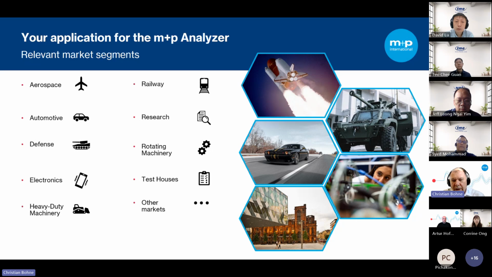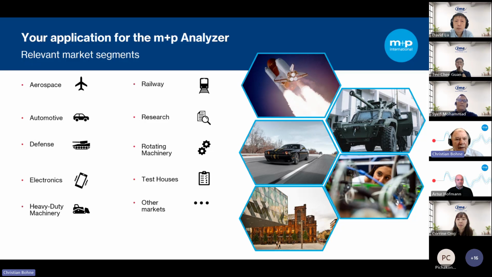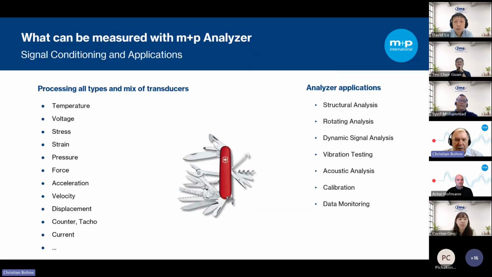We have Boeing, we have Lockheed Martin, we got SpaceX, we have DLR Germany, Airbus Defense and Space in Germany and France, and we have systems in India in the ISRO organization or in Korea with the Korean Aerospace Research Institute. So there are many, many applications for the MMP analyzer software.